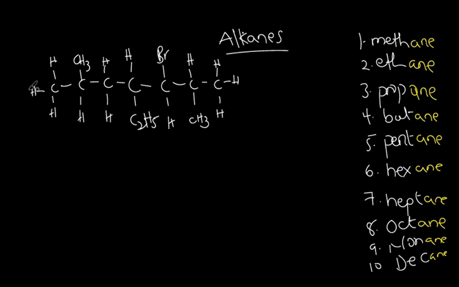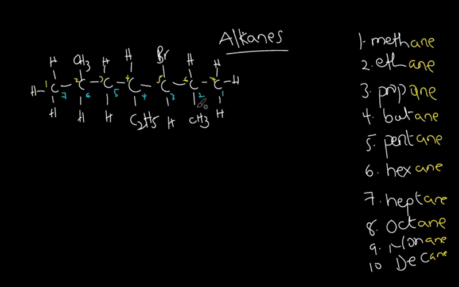So now let's name the carbons. Let's name from the left to the right: carbon 1, 2, 3, 4, 5, 6, and 7. Then we also name from the right to the left: carbon 1, 2, 3, 4, 5, 6, 7.